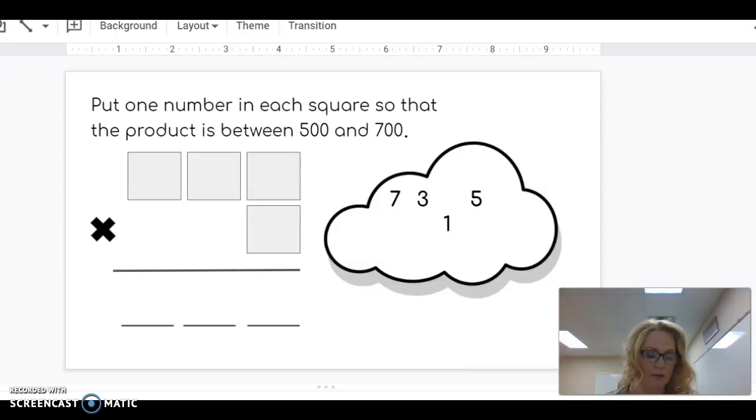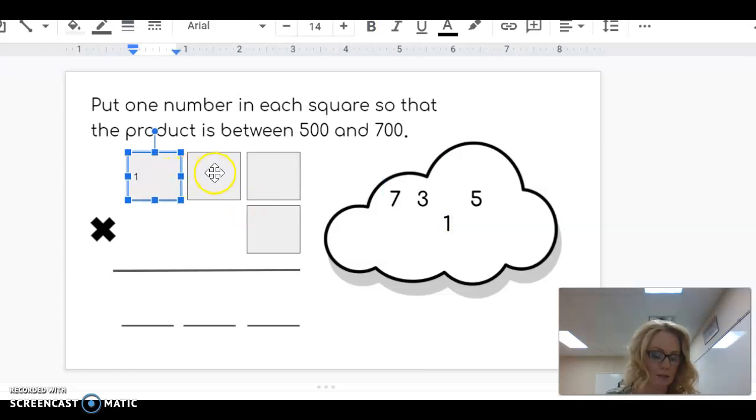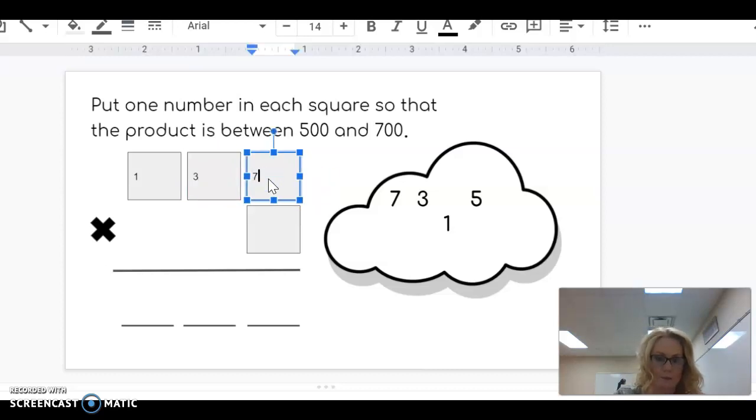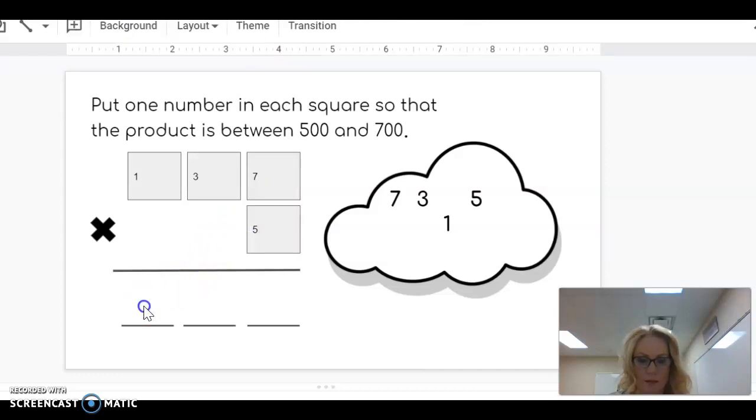If I estimate 30 times 5 and 70 times 5, I find the only possibility would be, so we're going to put a 1 here, a 3 here, 7 here, and a 5 here.